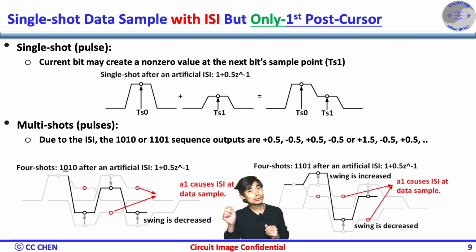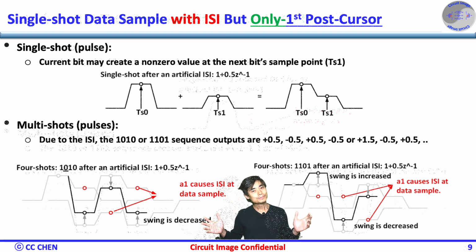So this would reduce the signal's sample swing or voltage margin, and then the sampler has a higher probability of making the wrong decision under random noise. Please note that even one post-cursor artificial ISI will limit the sampler's sensitivity over timing if the sample input swing is reduced because of the first tap ISI.